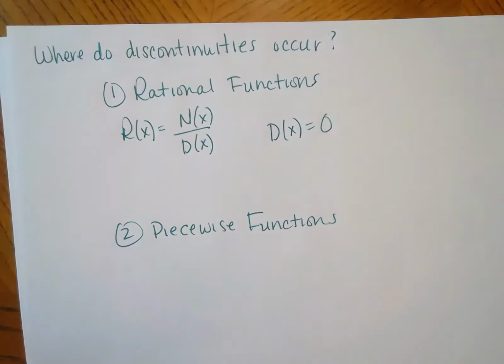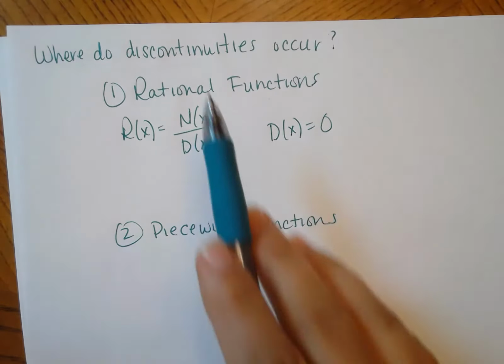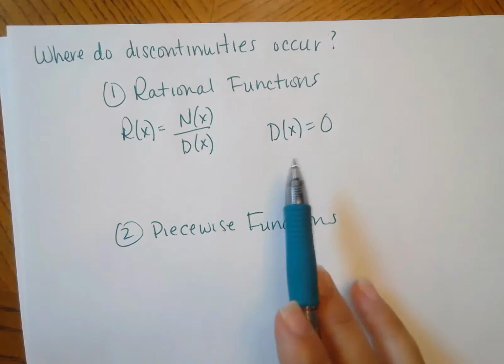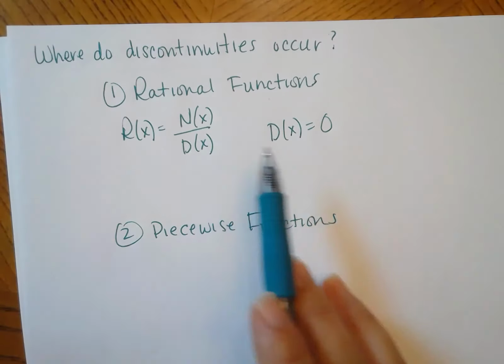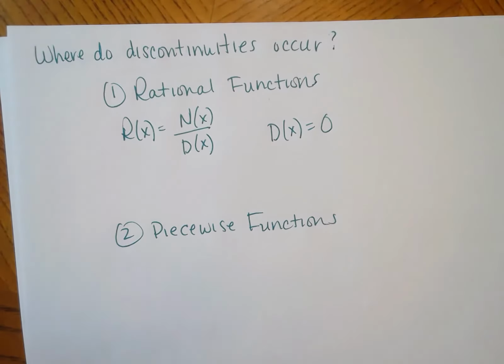It's just like my domain restrictions. That's where discontinuities occur, is where my domain has a problem, right? So where my denominator is equal to 0, that's where I'm going to get a discontinuity in a rational function.